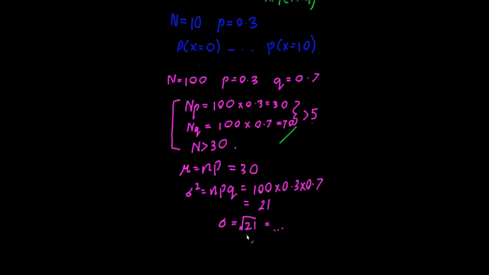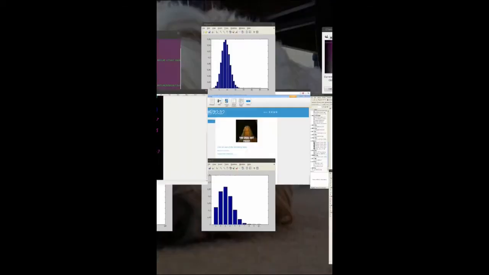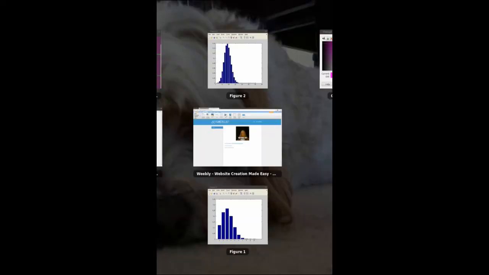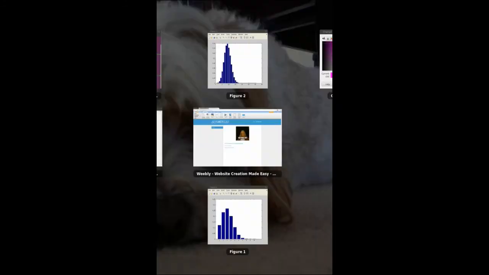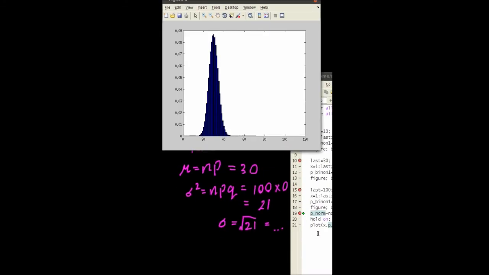Okay, so going back to this, what we have is that graph. Now what I'm going to do is over this I'm going to plot the approximate normal distribution. So let me run this. So if you can see, I'll zoom into this a bit.